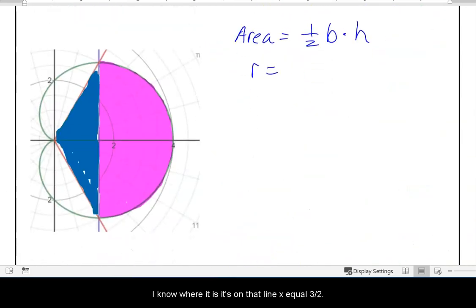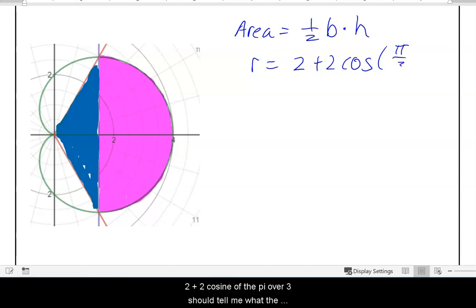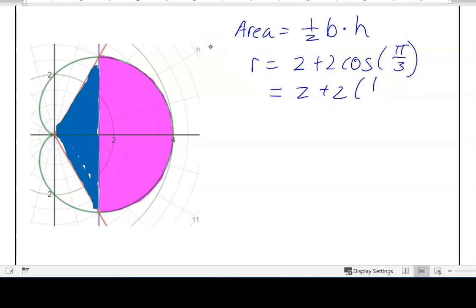It's on that line x equals 3/2. 2 plus 2 cosine of pi over 3 should tell me what the radius is when I'm at this point. How will that help me? Well, it would give me the length of that side. And if I could compute the length of this side, or perhaps the length of that side, then I could use the area of a triangle. This gives me a radius, since the cosine of pi over 3 is 1/2, of 3.